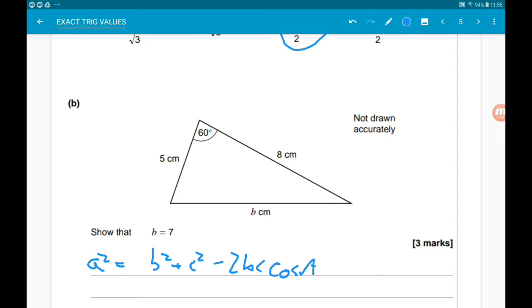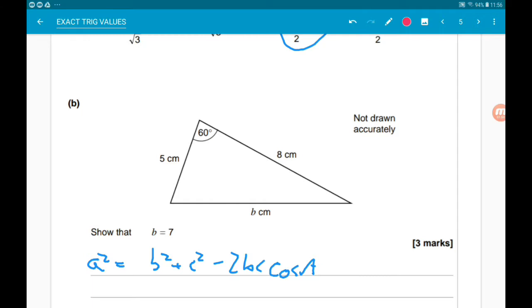Now, it's always easiest when using the cosine rule to have what you are looking for labelled as a, because this is the form of the cosine rule that we're all at least half familiar with.